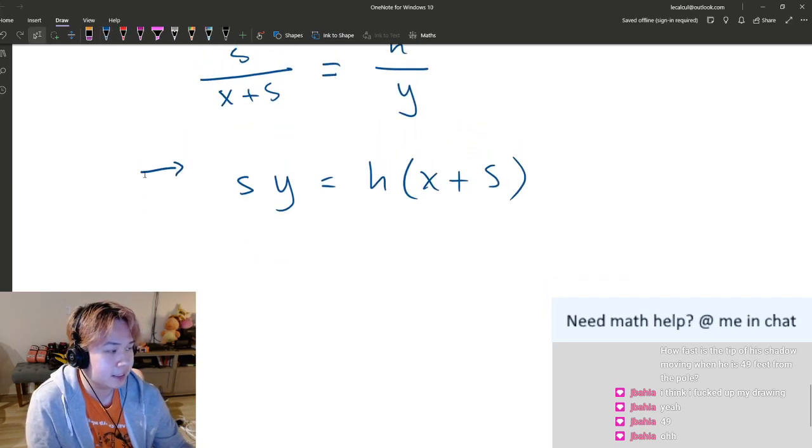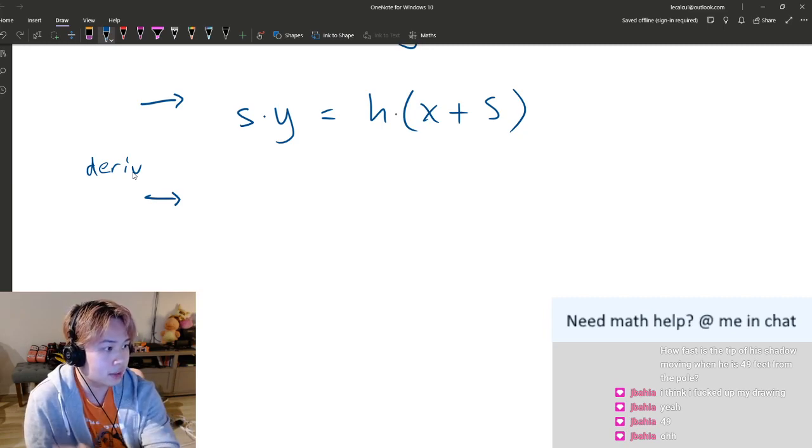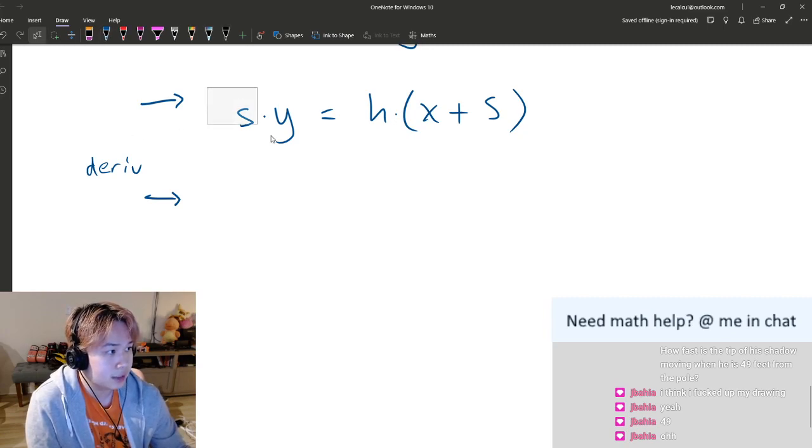Okay, and then now we can take the derivative of this. Now, remember, each one of these is a function of time. So first we're going to need to do a product rule and also a chain rule, if we need a chain rule.